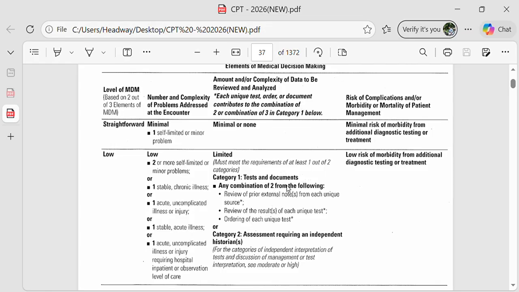Coming to the data, just see here: any combination of two from the following. That means from these three, any two will be there. Order of each unique test, if the physician orders any test, review of result of each unique test. Just see carefully. How many categories are there?